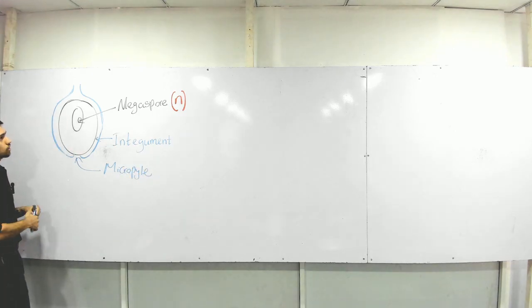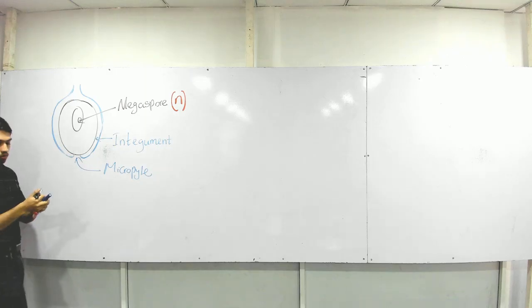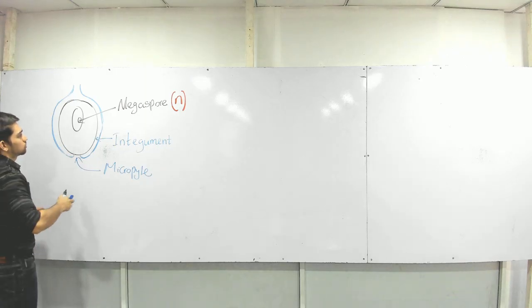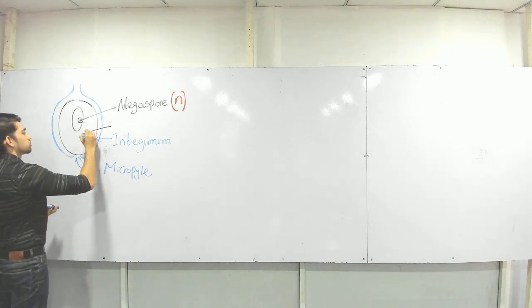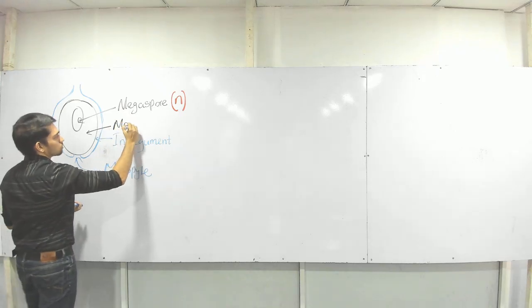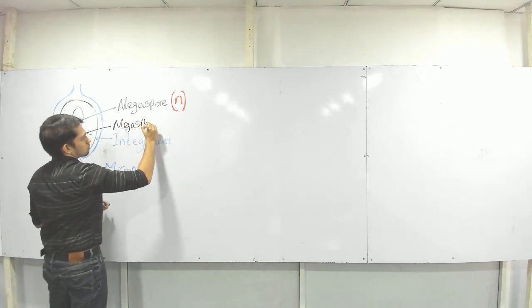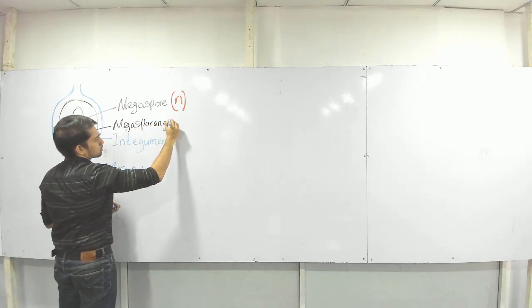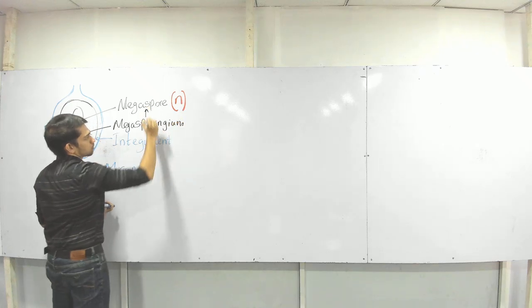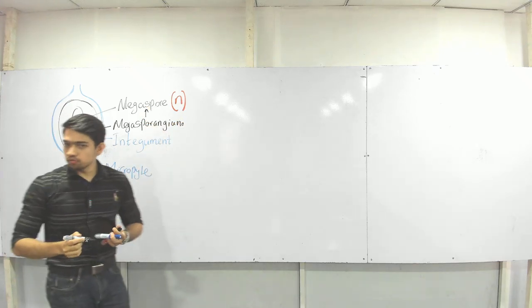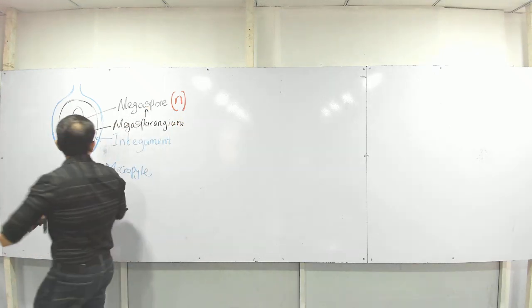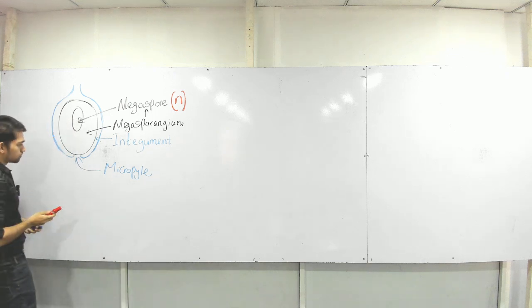Micropyle, and this is the megaspore. What is this structure? This is the megasporangium. That is going to produce this megaspore. This is the ovule.